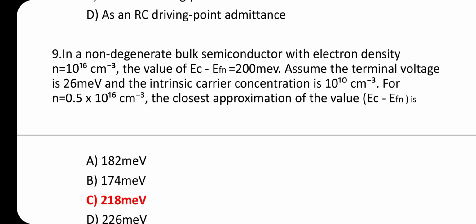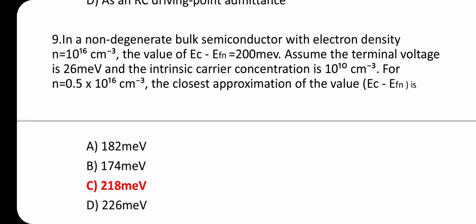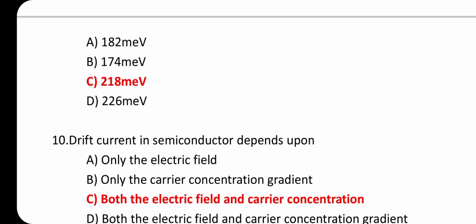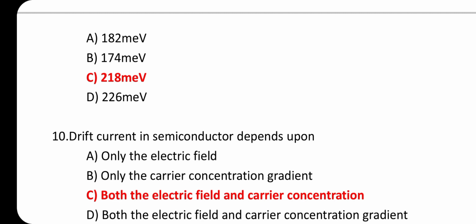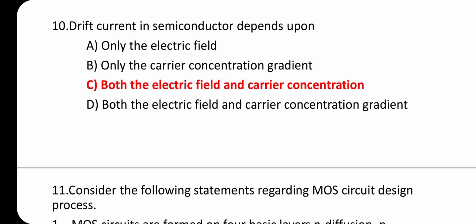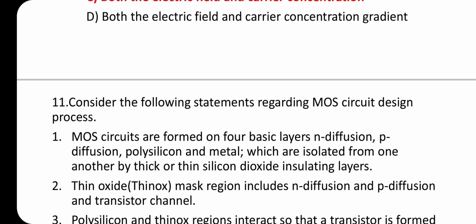For n equal to 0.5 into 10^16 per cm³, the closest approximation of the value EC minus EFN is answer C, 218 milli electron volt. Drift current in semiconductor depends on both electric field and carrier concentration.